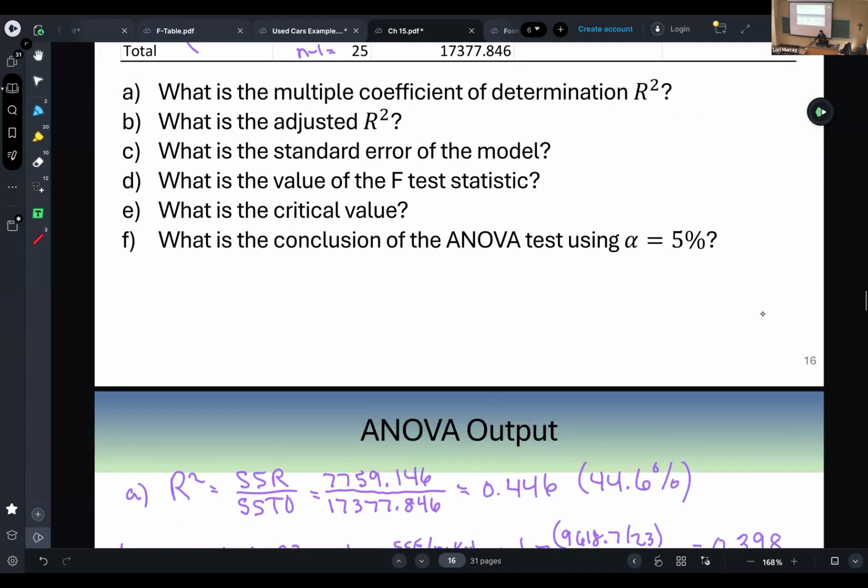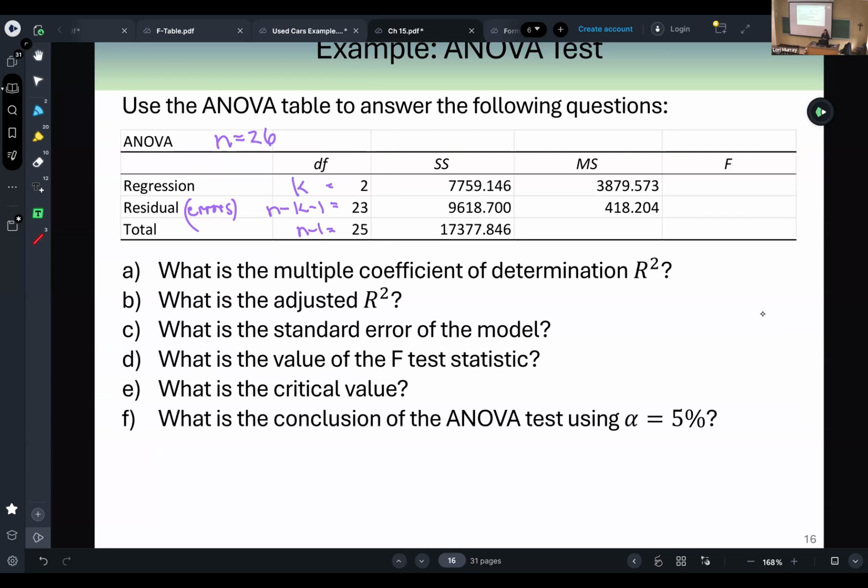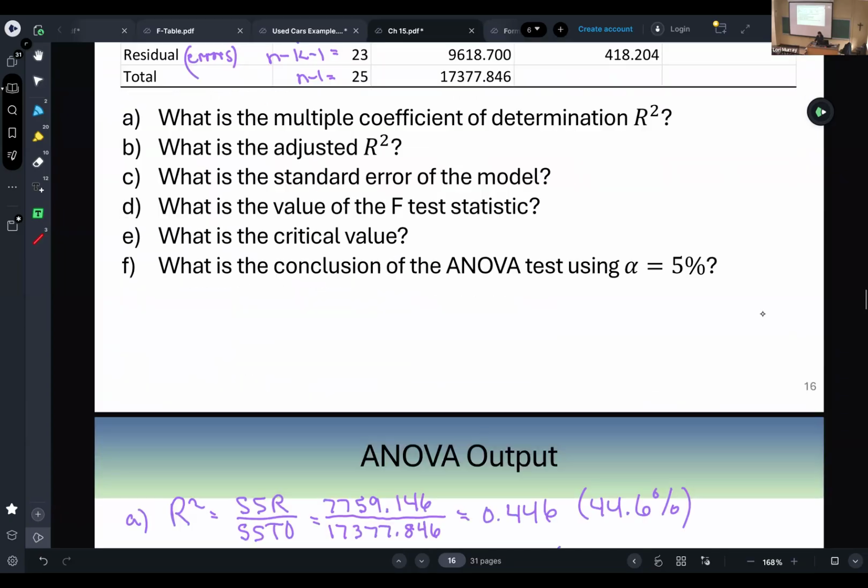And look at the table. The table will tell us. Degrees of freedom 1 will be 2. It's the number of predictors.